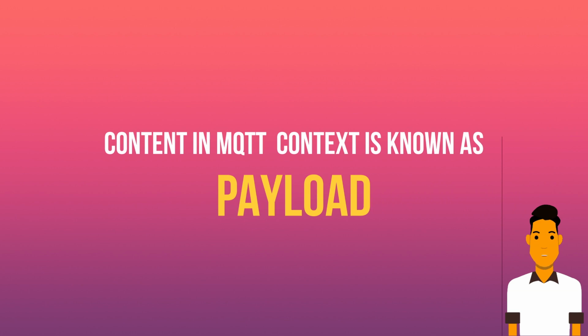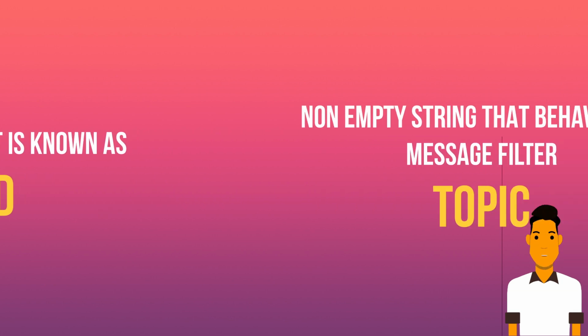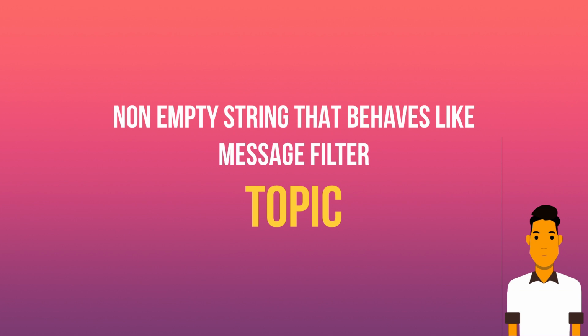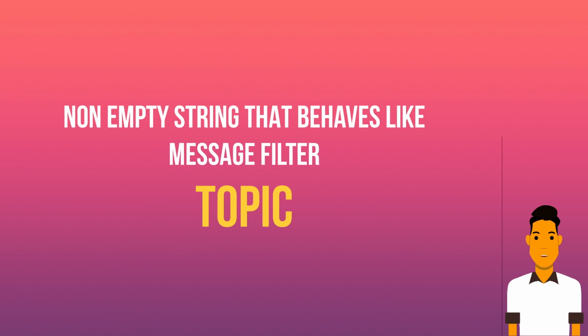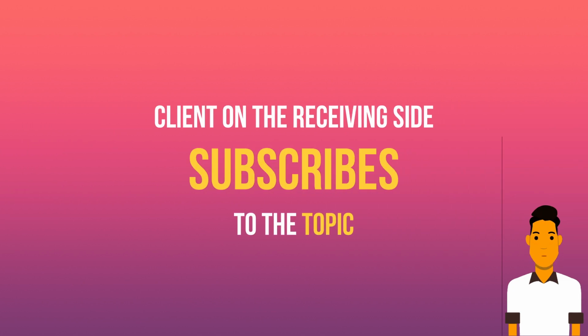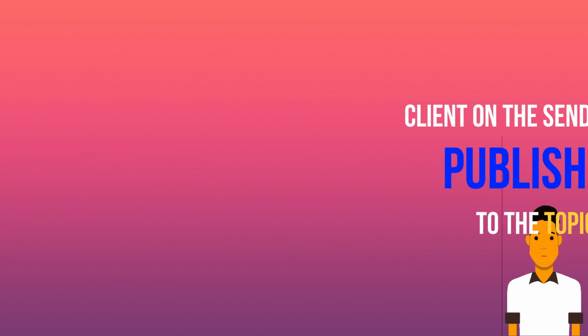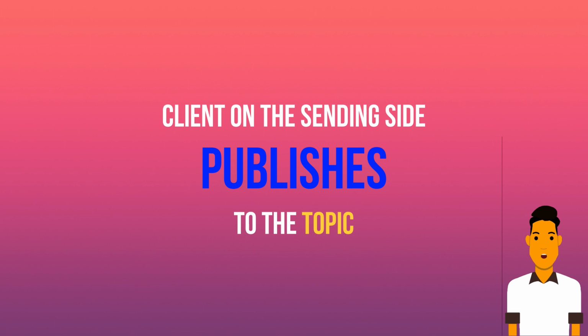The content transfer between 2 or multiple clients is based on a simple string known as topic. A topic is just a string that specifies the interest of a client in a particular content or the content type. Any client interested in receiving information of a particular interest subscribes to a particular topic and is known as a subscriber. And the client willing to send the data publishes it to the same topic and is known as the publisher.